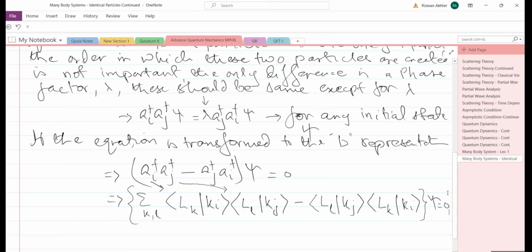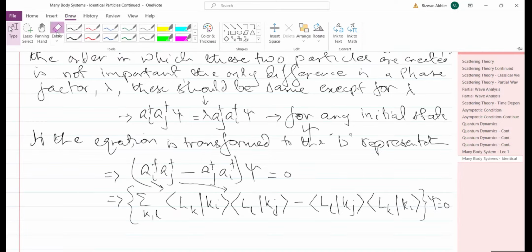Sorry, we need to write the change of basis. We need to also write the basis.